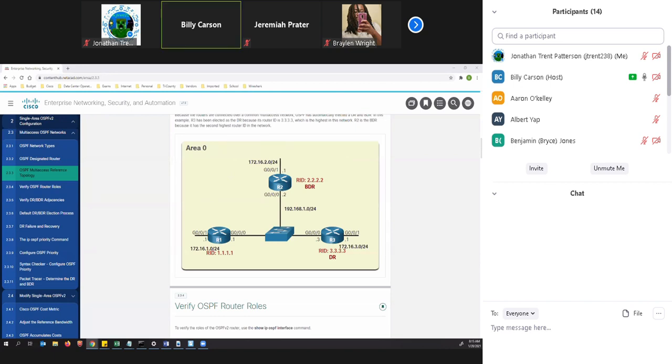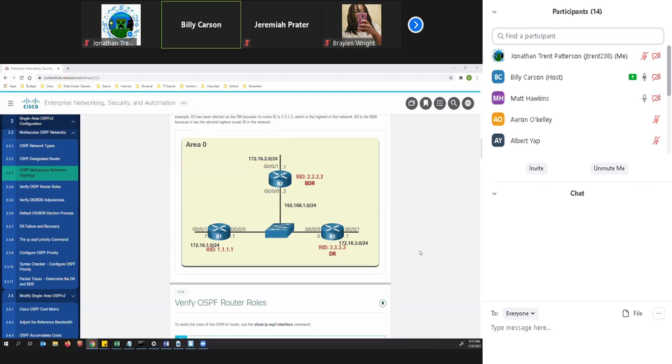In the OSPF world, if you're not a DR or BDR, what are you? The DR other? Yeah, that DR other, or DROther. That's right. Or if you made the priority 0, you're going to default into that.